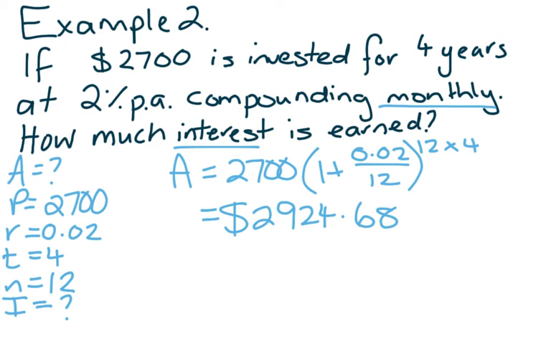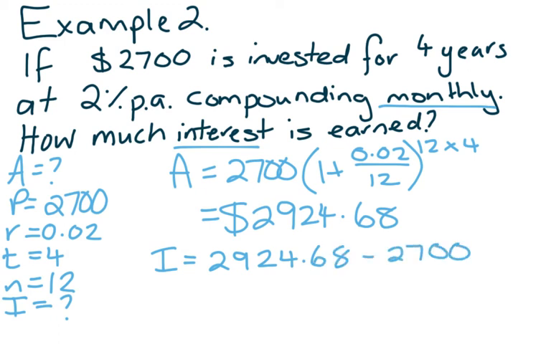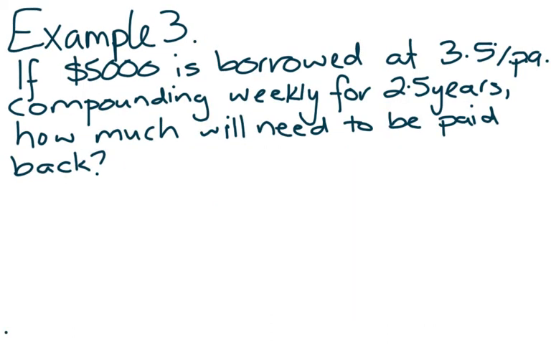That's our final amount after the 4 years, but it actually asked us for the interest. So for the interest, we take our final amount, $2,924.68, and take away 2,700. The interest earned over that period was $224.68. And that's our final answer for that one.